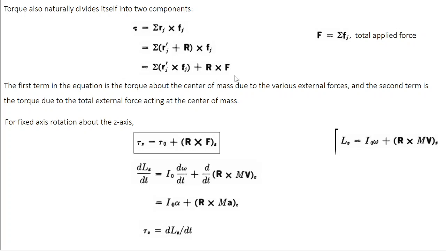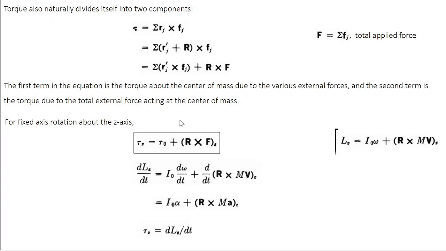So once again you can see that the first term in this equation is the torque about the center of mass due to various external forces, and the second term is the torque due to the external force acting at the center of mass. So one is the torque around the center of mass, the second one is the torque due to the center of mass. So you have once again two terms: one is the orbital term and one is the spin term.